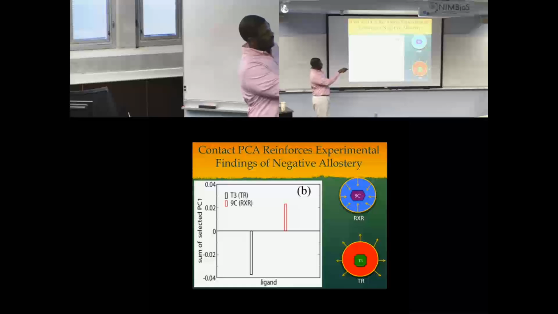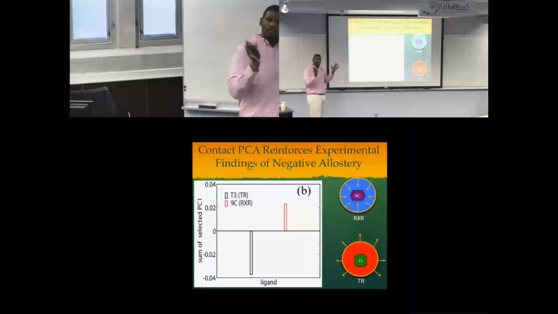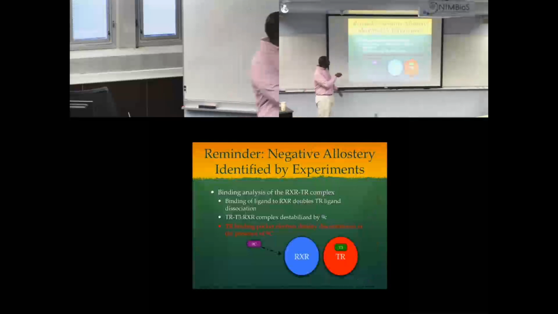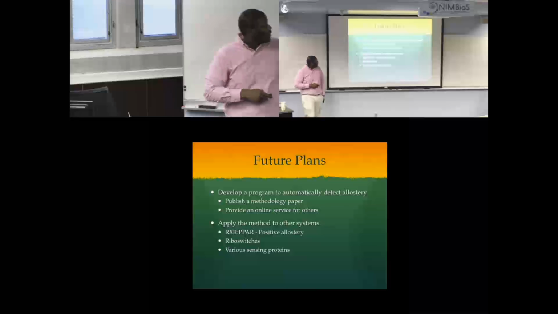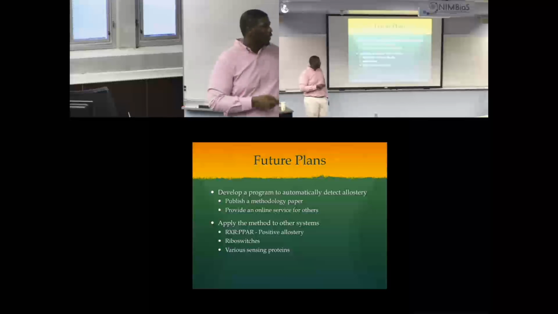We're saying this binding pocket is a circle and they're all coming towards it. We're closing on it. So as this closes, TR is opening. It's letting go. That's the same thing that they were seeing earlier, right? Okay, so that gives a little confidence in our method.